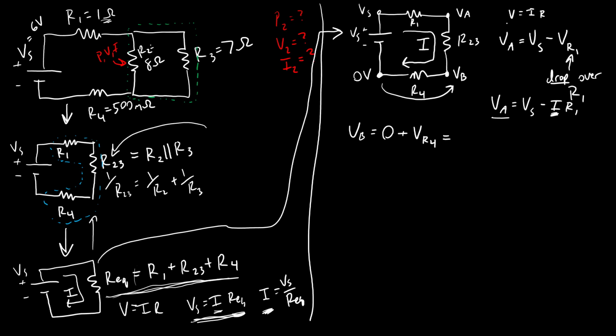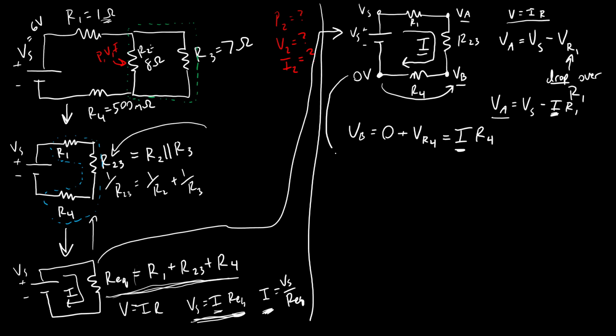And VR4 is again just going to be Ohm's law. That is going to be IR4. And again, that's the same I that I had up in this equation because all 3 of these resistors are in series. Okay, so now again, I'm still writing everything out symbolically, but I have a bunch of variables here that I can calculate the numerical values for. I know VA, and I know VB.